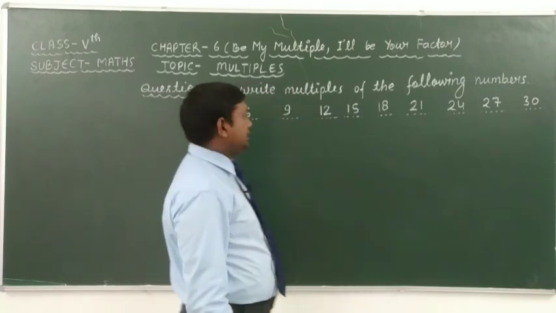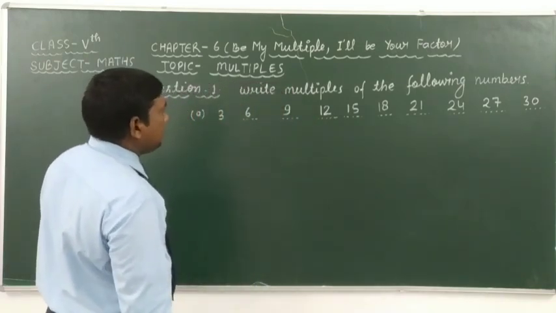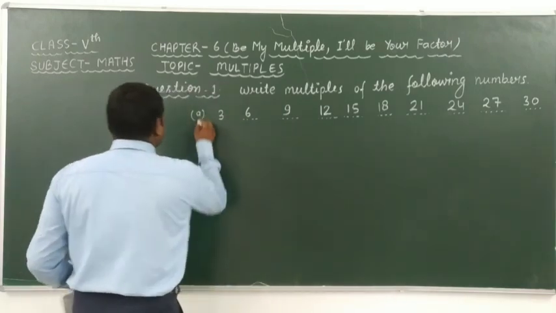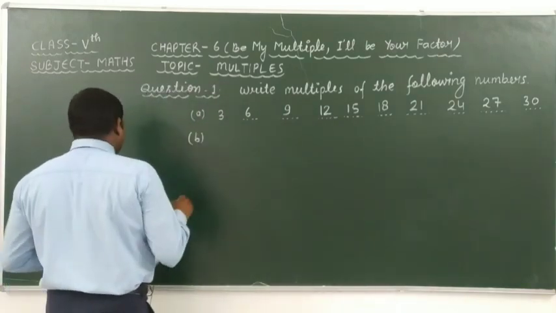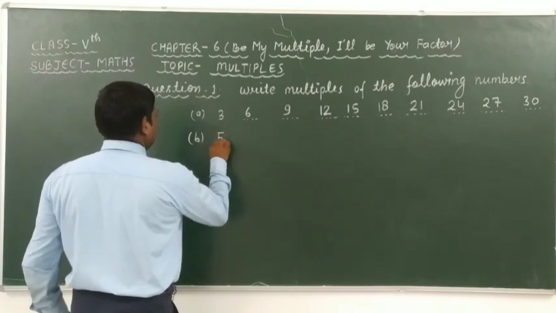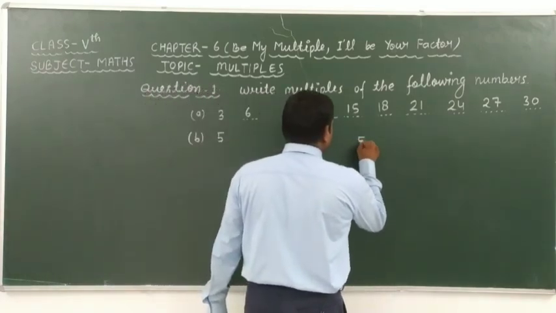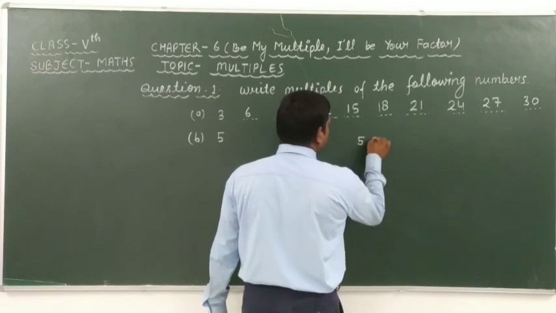Students, understand? Similarly, we can solve all given questions. Look at here carefully. Here given 5, it means the given number is 5.